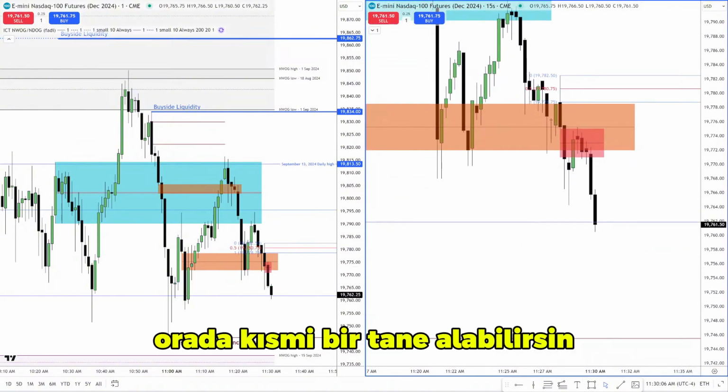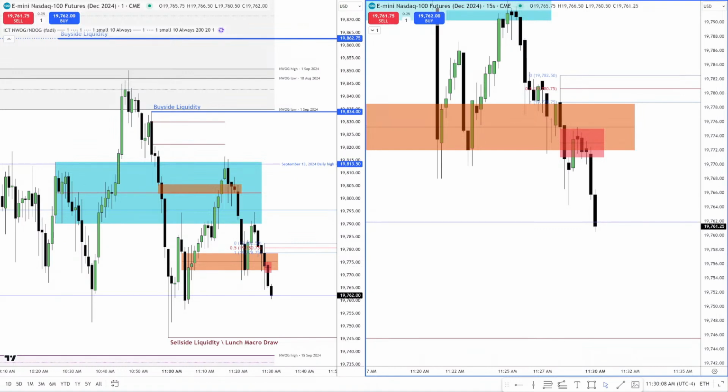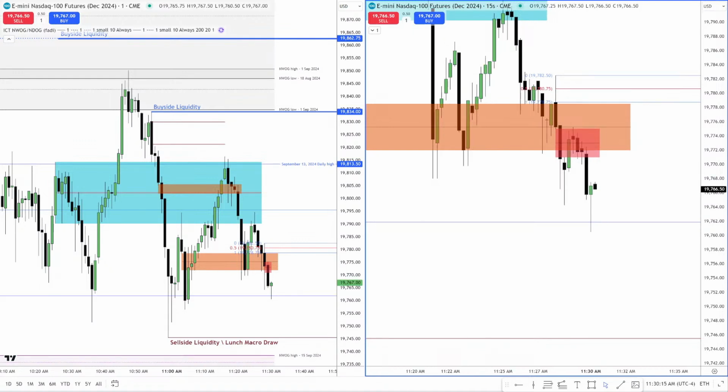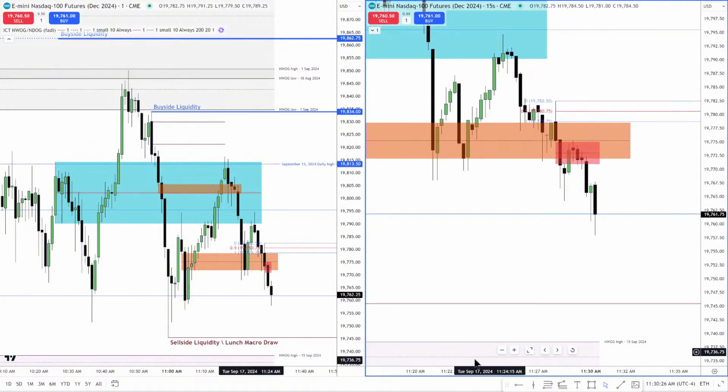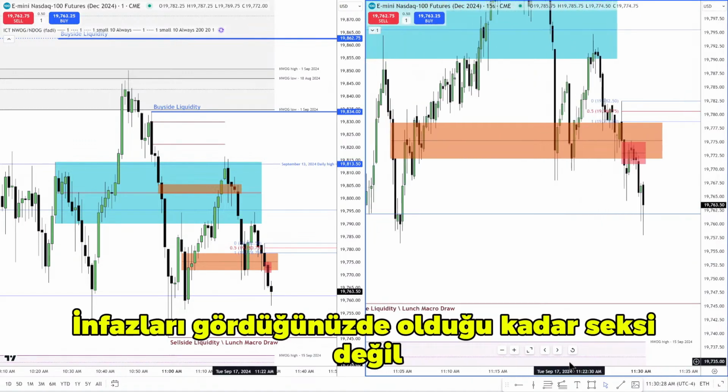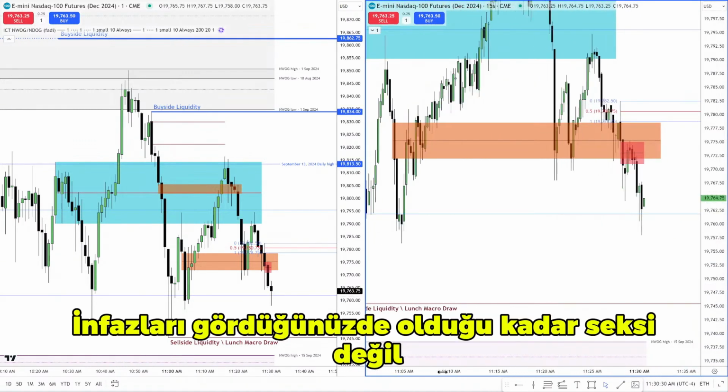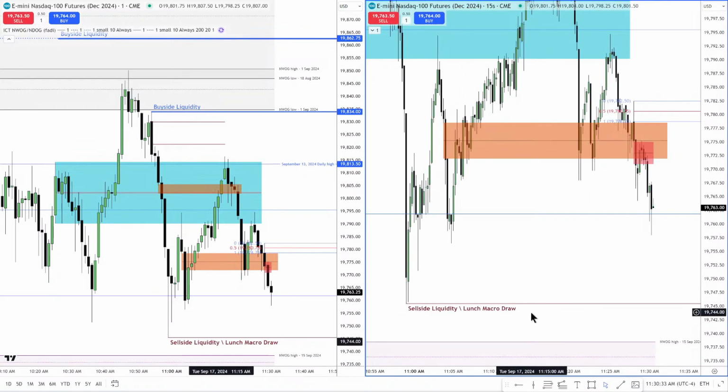You could take a partial there. Not as sexy as it is when you see the executions, but it's okay. I'll work with it with y'all.